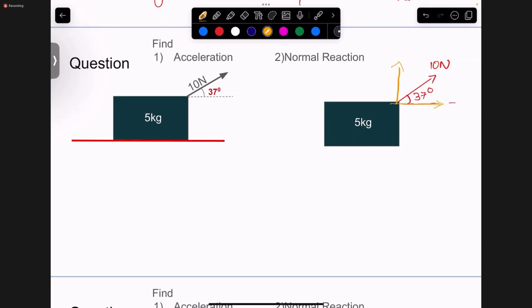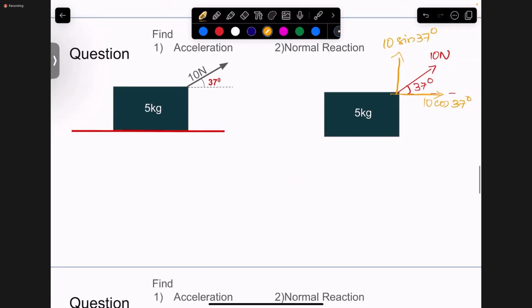In the horizontal direction, this is 10 cos 37 degree. This is 10 sine 37 degree.